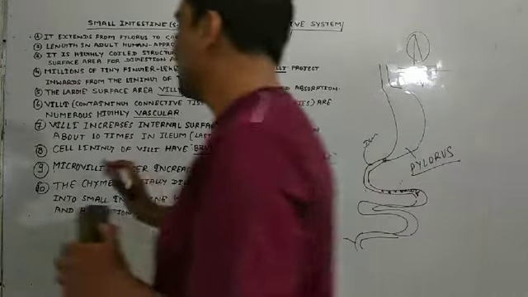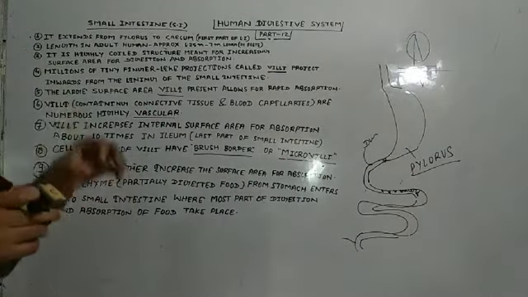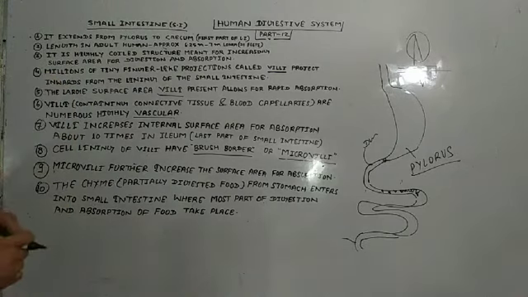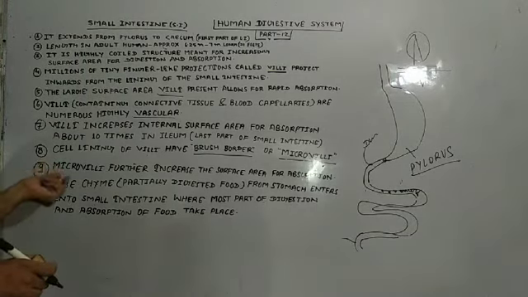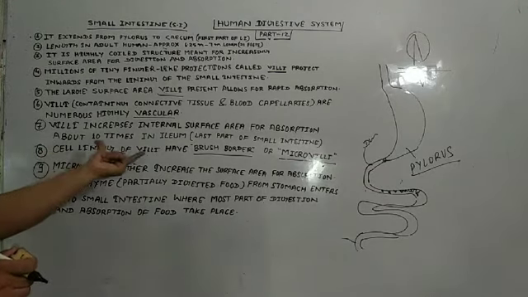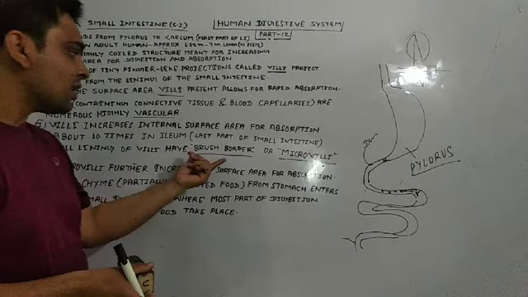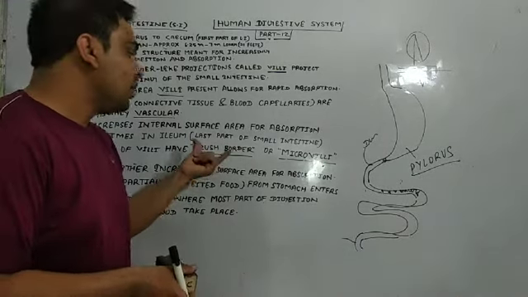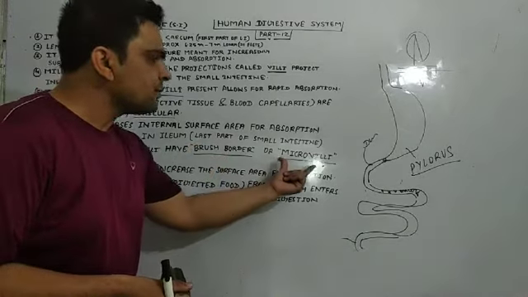So clear, students, the villi are present on the internal surface of the small intestine, the inner part of the small intestine, and the lining of the villi has special types of cells. These are known as brush border cells, and they are also known as microvilli.